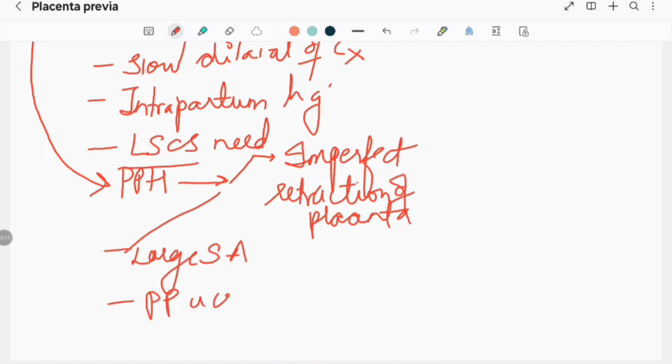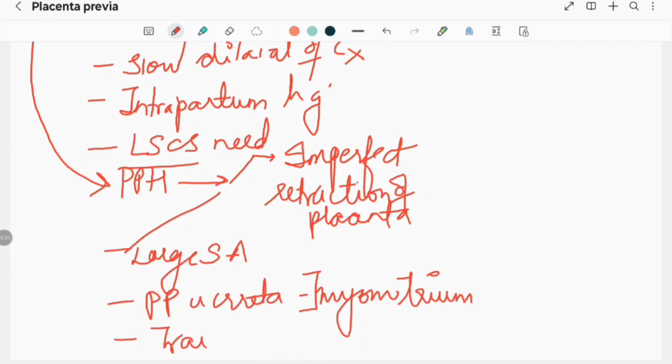Placenta previa accreta is a serious complication of placenta previa. What is placenta accreta? It is when the placenta gets adhered into the myometrium, trauma to the cervix and the lower segment, trauma, and death due to massive hemorrhage.